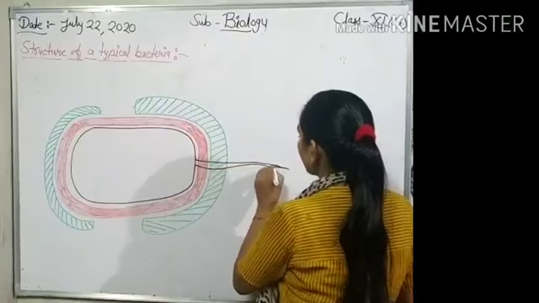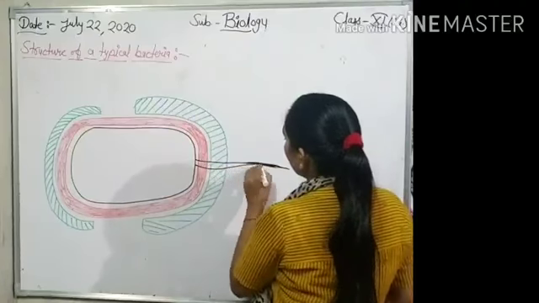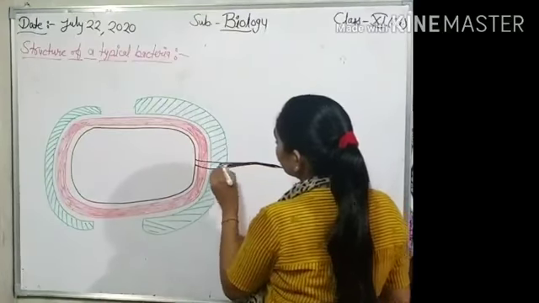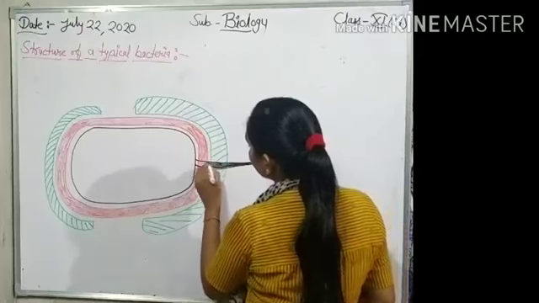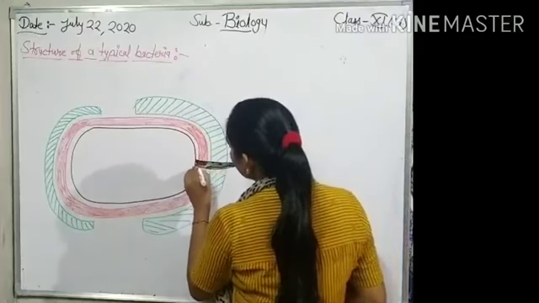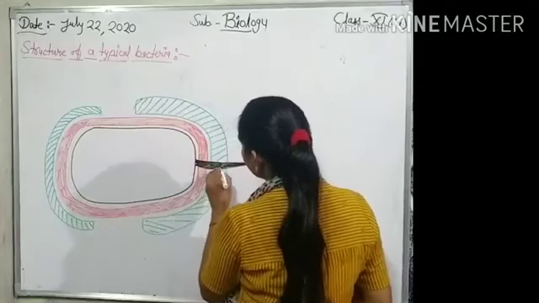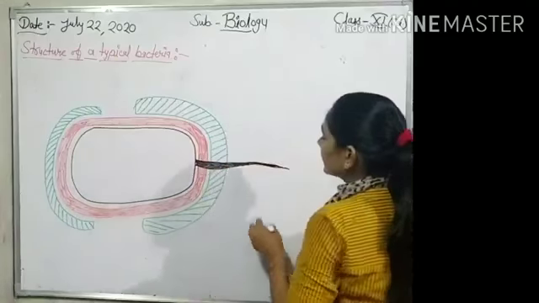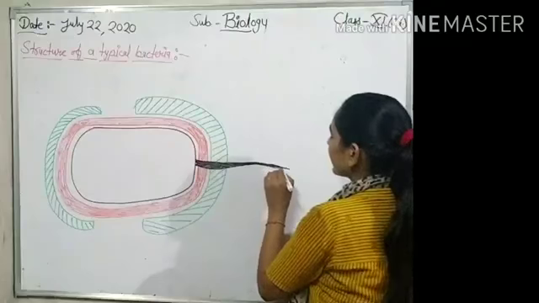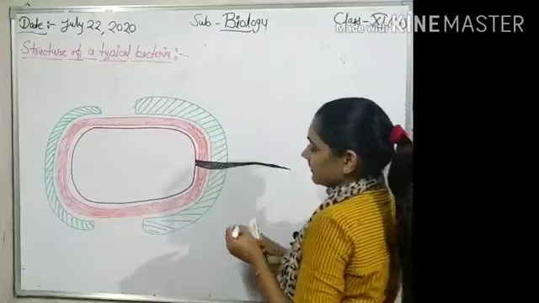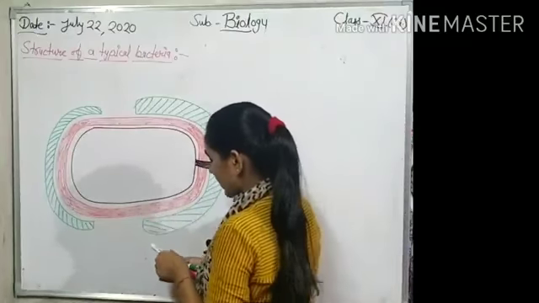A long filament structure emerges from the bacterial cell, which is known as flagella, a long extension.